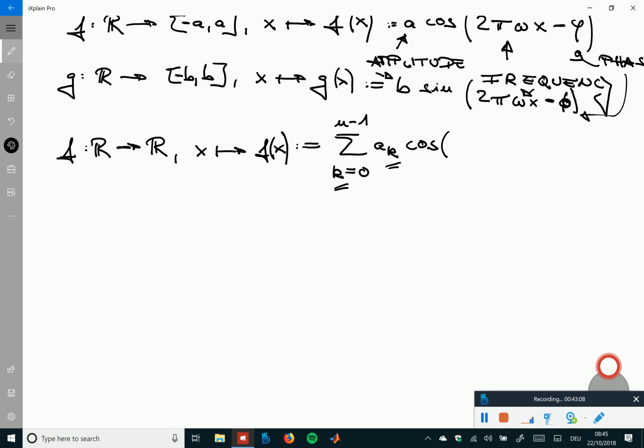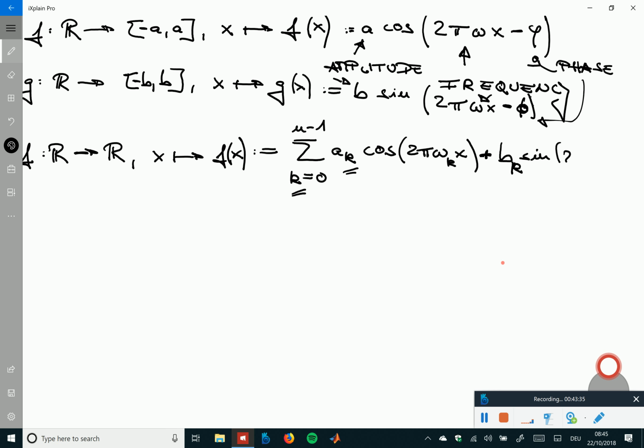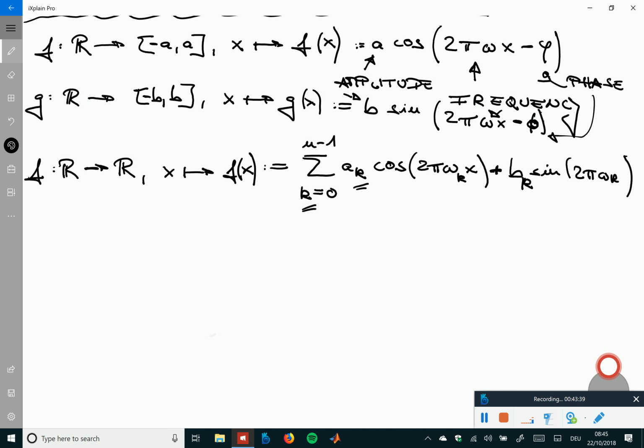So it goes k equals 0, k equals 1, k equals 2, and so on, up to n minus 1. And the cosine also has a k-specific frequency term. And actually I'm omitting the phase term here. So I set the phase term 0, plus bk sine 2 pi omega k x. Yeah, so this is what we want to get at.